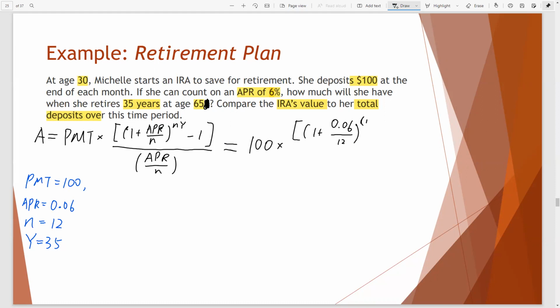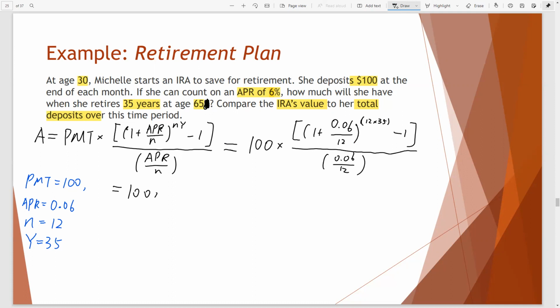And for the power, that's 12 times 35, minus 1, divided by 0.06 divided by 12. I'm always not good at drawing, you can tell.